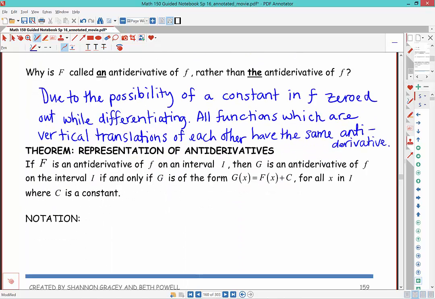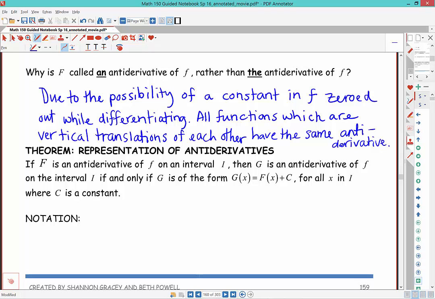The way we represent antiderivatives. So this notation, it's good to know. It can be a little bit confusing, but capital F is an antiderivative of this lower f on an interval I. If that's true, then capital G is an antiderivative of f on the interval I if and only if G is of the form G of x equals F at x plus c for all x in I, where c is a constant.